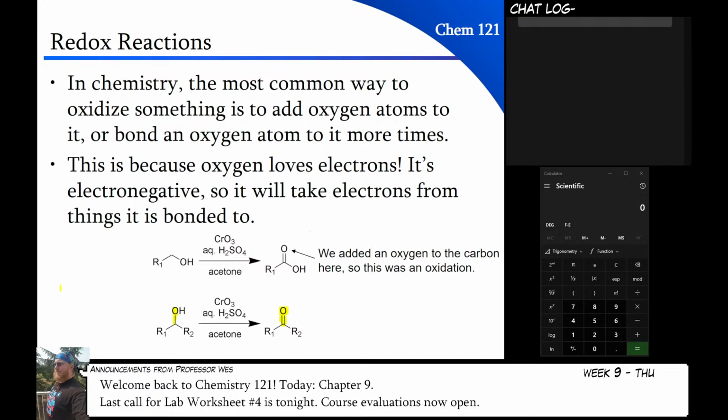So if I add extra bonds to oxygen, it's an oxidation as well. So that's what we're going to be checking for. Look for extra oxygens being added in, or look for extra bonds to existing oxygens. If either of those happens, the reaction is an oxidation.